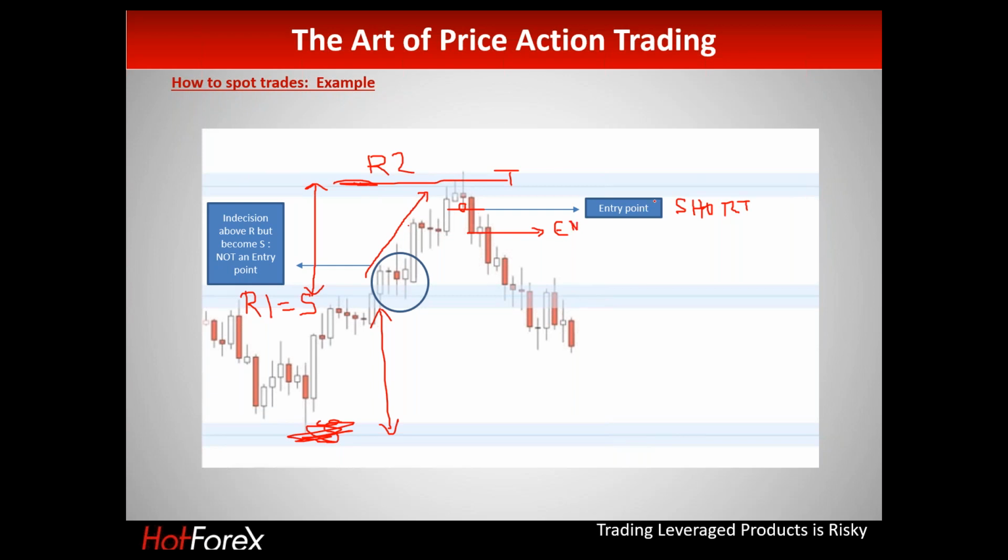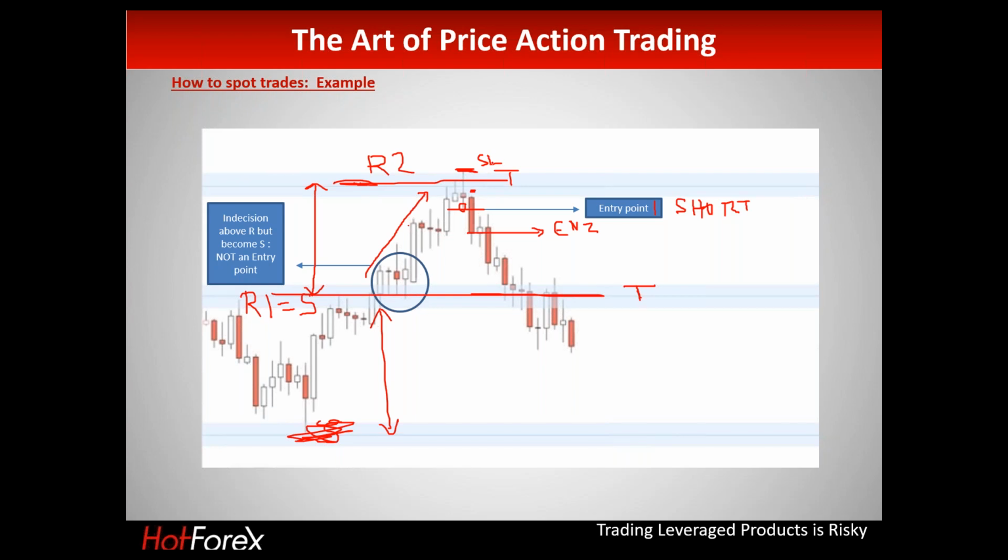So that was entry point number one, and entry point number two. Now where should you set your target? Simply on your support level, over here. You should set your stop loss either above the high of this candle, or just to be on the safe side, on your resistance level or slightly above it, at the latest high.